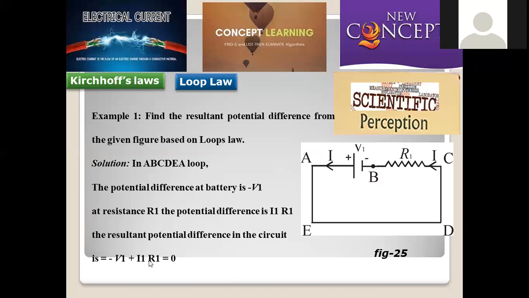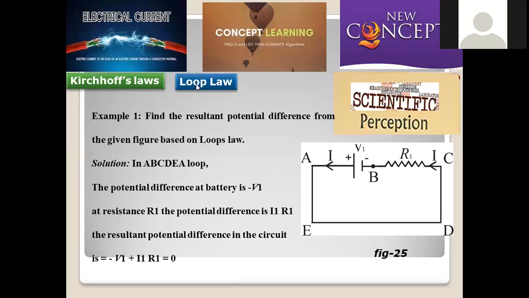Minus V1 is exactly opposite with respect to I1 R1. For example, if it is minus 5 volts, it will be plus 5 volts. Ultimately, it will become 0.